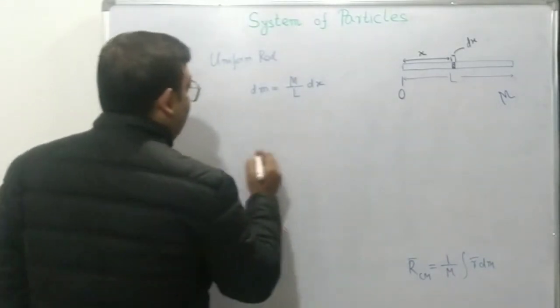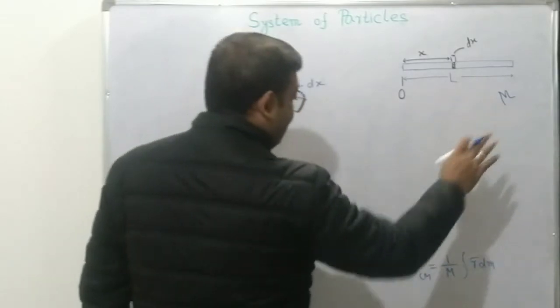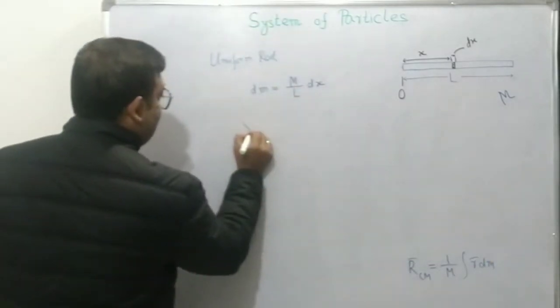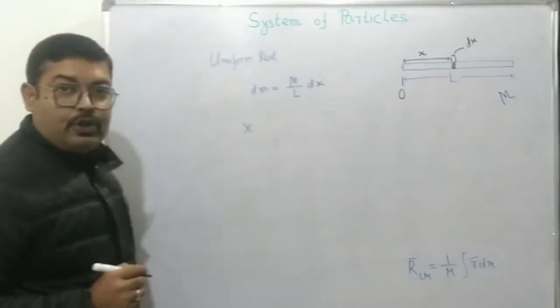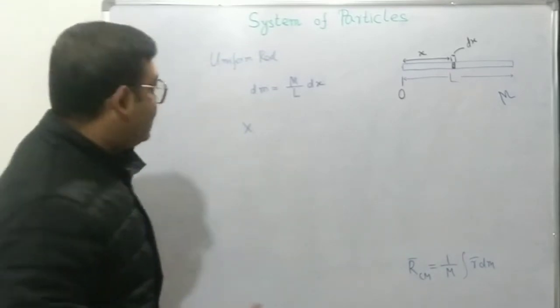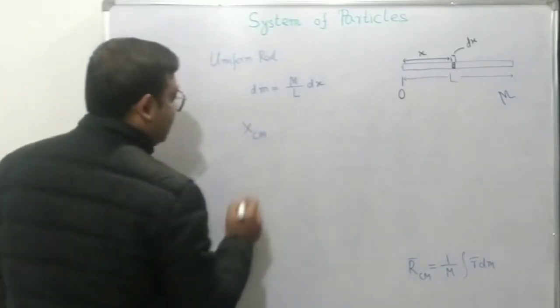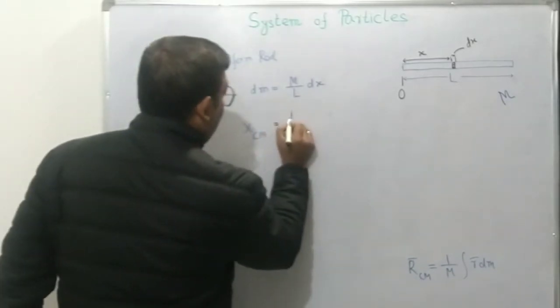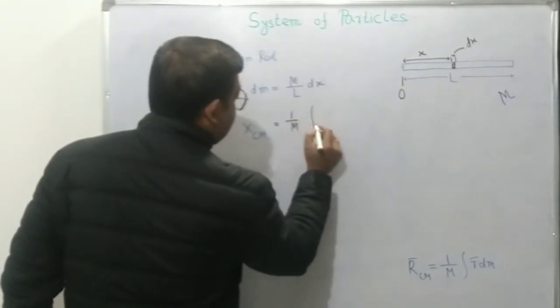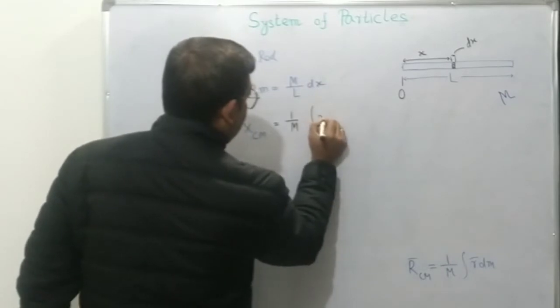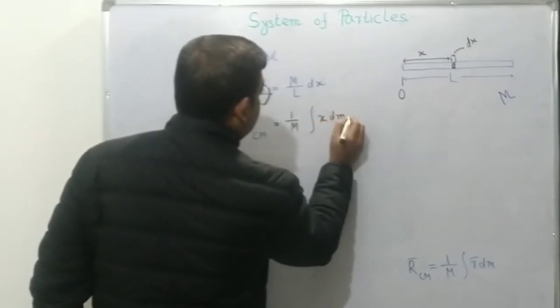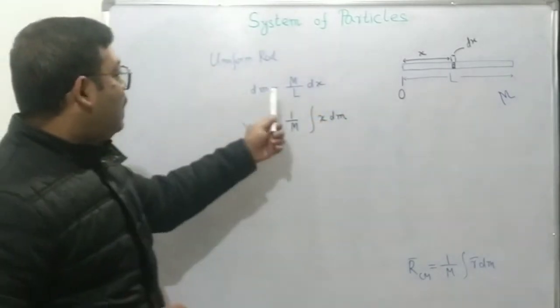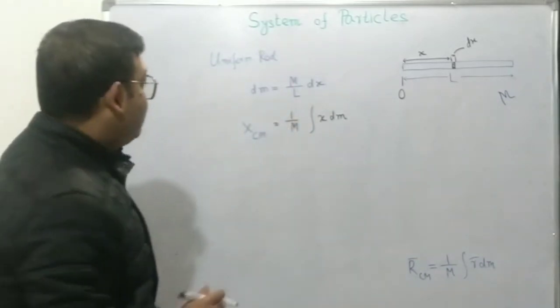Since we are considering only the x direction, instead of r we will just write x, that is the position along the x-axis of the center of mass, and this will be 1 by m, of course, integration, instead of r it will be x dm. Now we know the value of dm from here, so we can substitute this value.